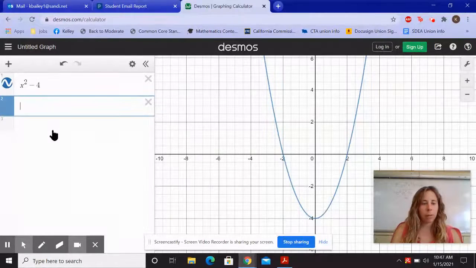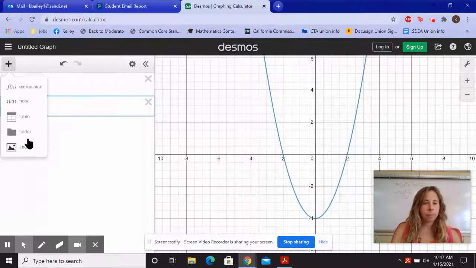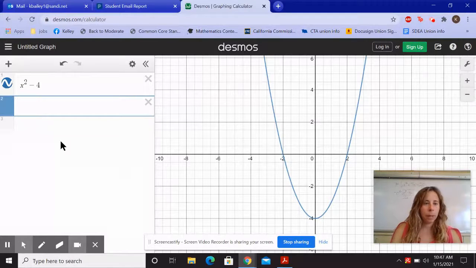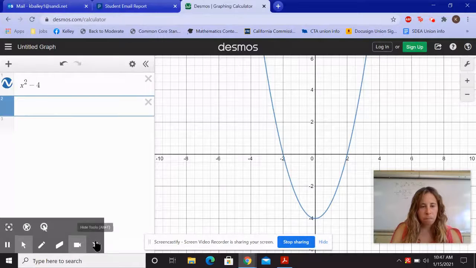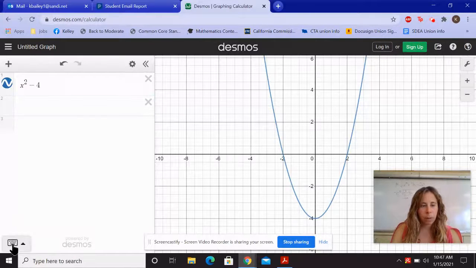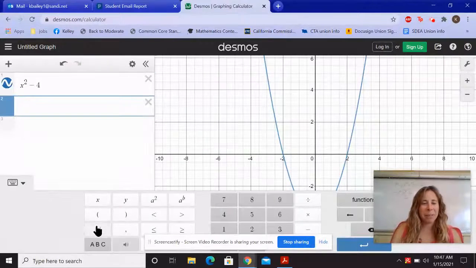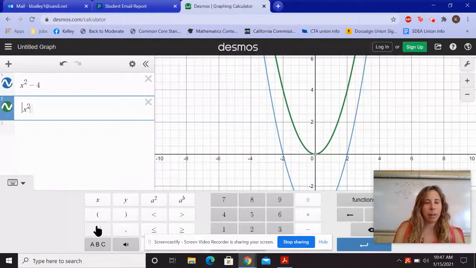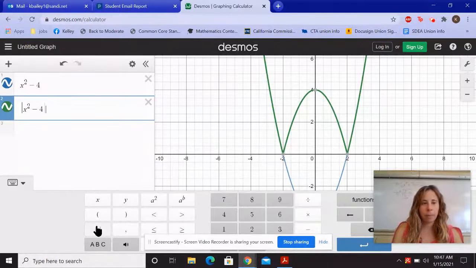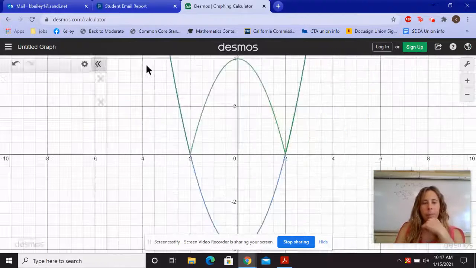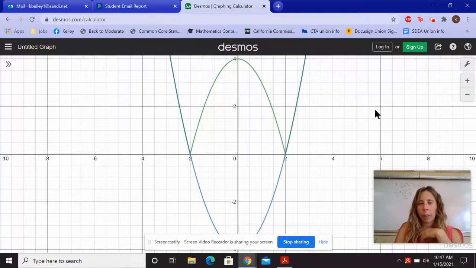Now we're going to do the absolute value of x squared minus 4. That is how it looks as a graph.